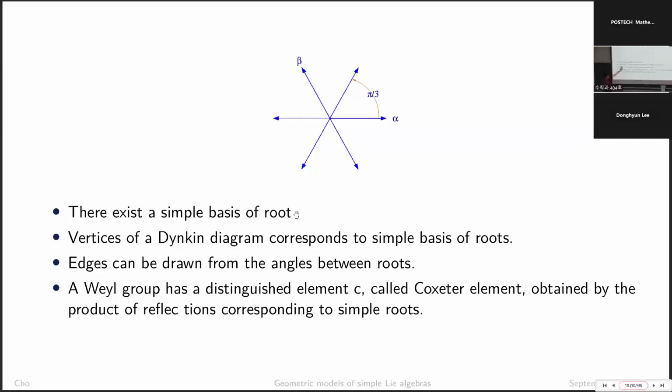Edges correspond to some kind of angles between the simple roots alpha and beta. And the Weyl group has a distinguished element called the Coxeter element, which is obtained by composition of reflections corresponding to simple roots. In this case, maybe reflection with respect to alpha composed with reflection with respect to beta. So that's a composition of two reflections.